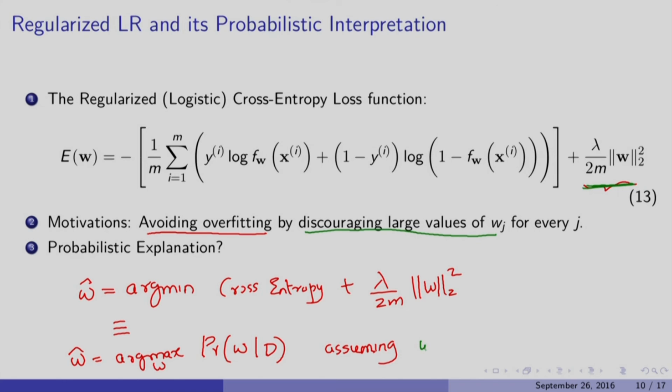So assuming that W before you saw anything followed a normal distribution with mean 0 and covariance matrix 1 by lambda I. So recall that this basically meant each Wi was univariate Gaussian with mean 0 and variance 1 by lambda.